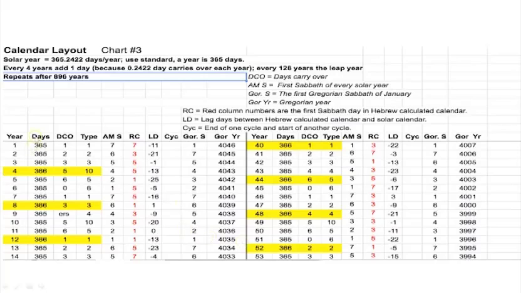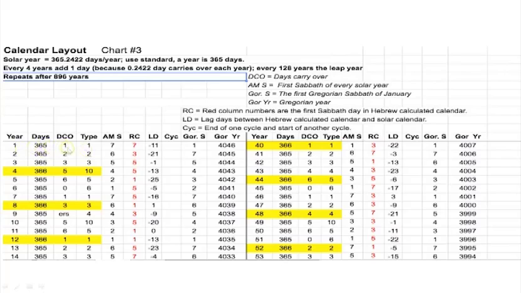What we see here, and what I did is I started at year 1, the creation year. I started there. Year 1, year 2, etc. And I entered in pertinent information for each one of these years. When we look at this, we see that the number of days in the year, 365. This is the solar calendar, remember. This is the days of carryover.